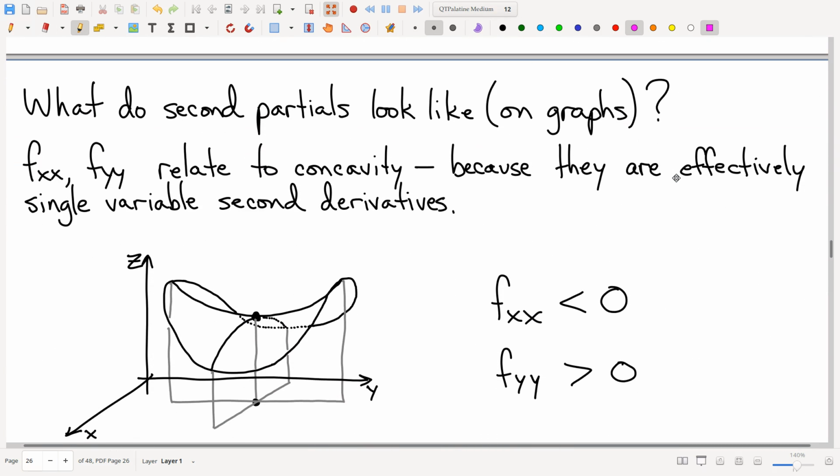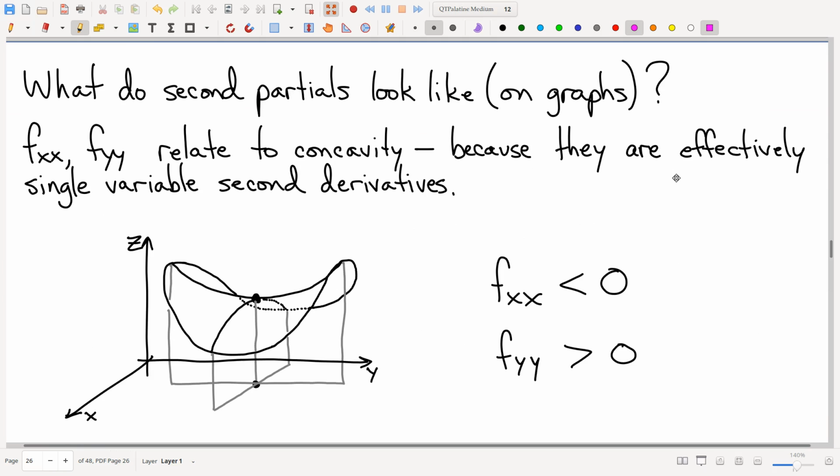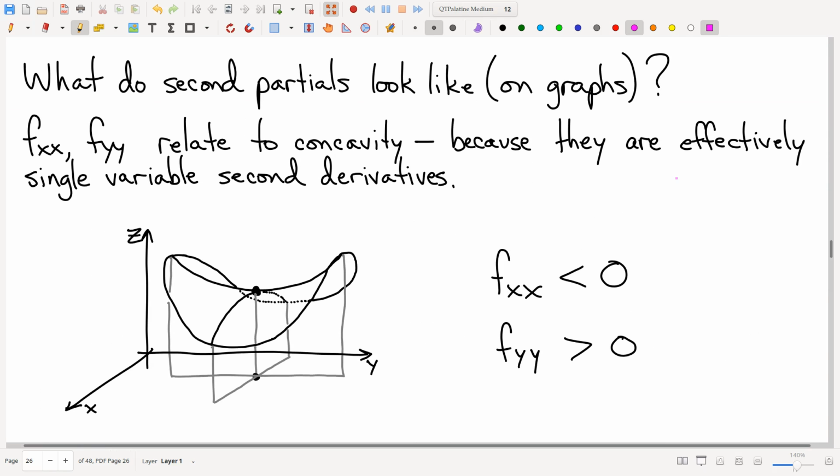Okay. What do these look like geometrically? You'll notice I'm restricting our attention to graphs. This is where we can make the most useful commentary. Things get weird when you're thinking about level sets, so we're just not going to talk about that. But in the graph context, what does it look like if you take a second partial?